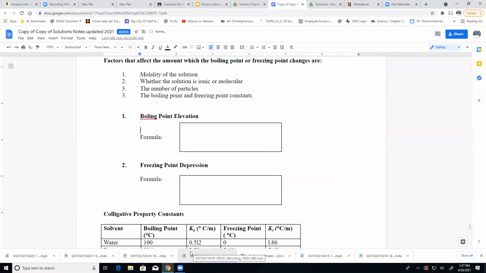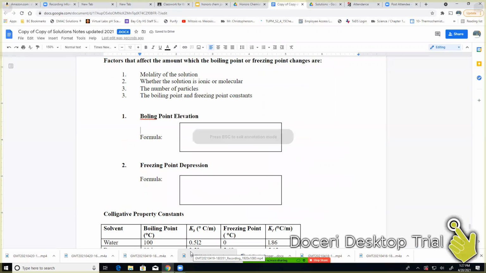Factors that affect our colligative properties: the molality, that would be the little m. As I increase my molality, then the change, delta, a triangle means delta, which means change, the change increases.